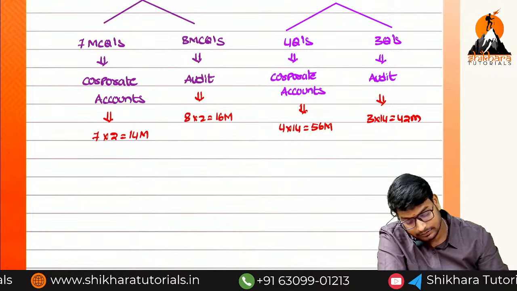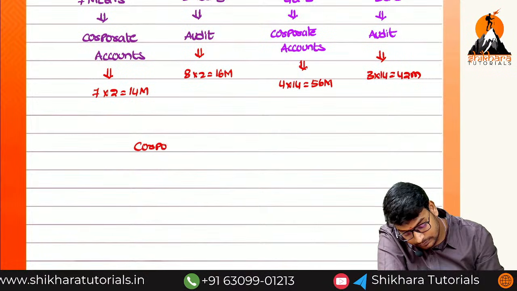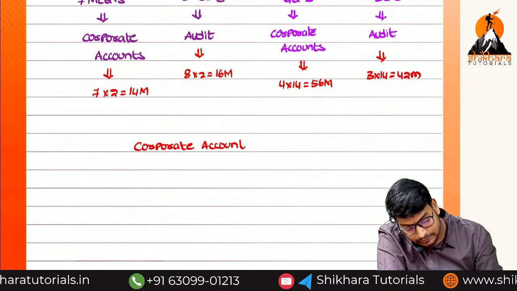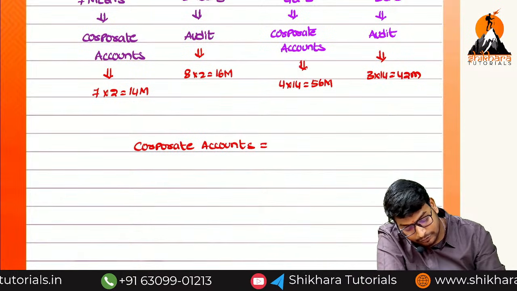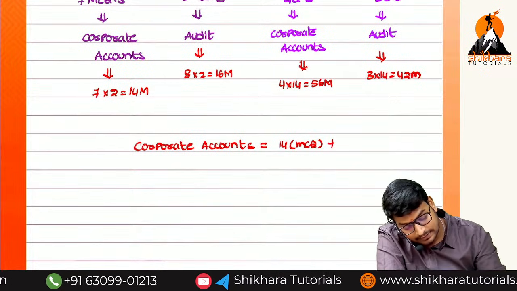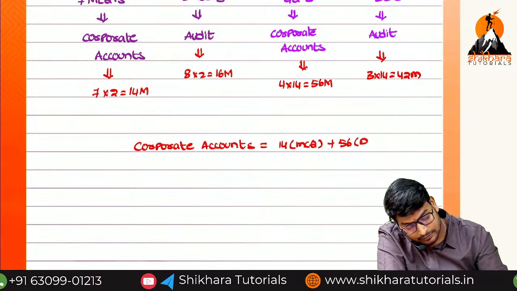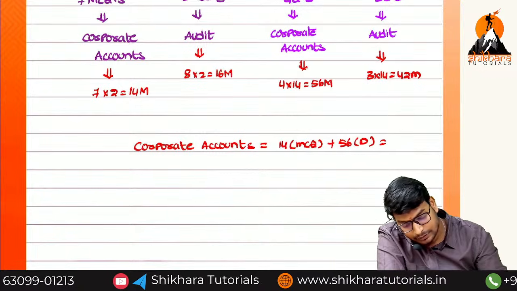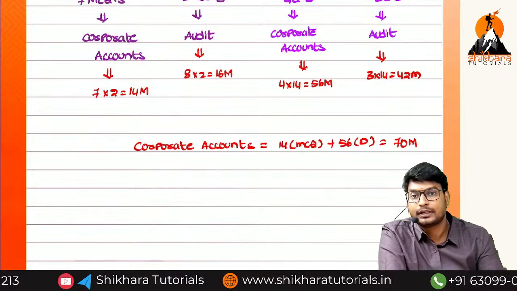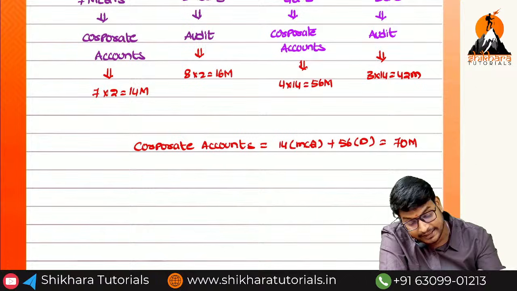To conclude, overall in corporate accounts we will get 14 marks from MCQ plus 56 marks from descriptive, so the total is 70 marks from corporate accounting itself.